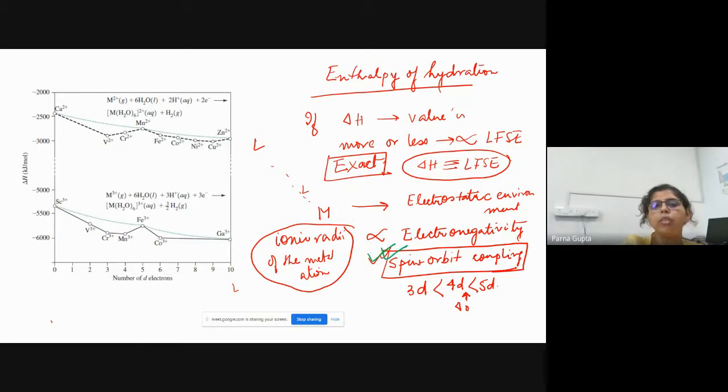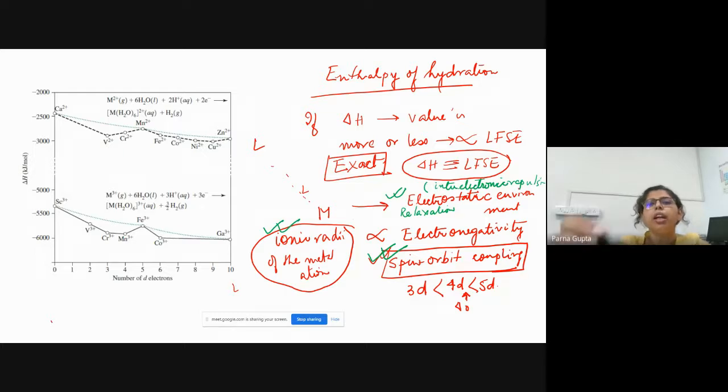Another point is the interelectronic repulsion, and also the relaxation that occurs as the complex is forming. In any standard book you will get these factors.